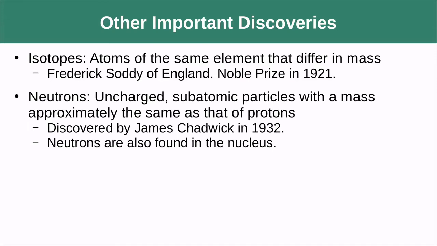These are uncharged subatomic particles with a mass that is approximately the same as protons. So in order to get these slightly different masses, we have to have some other kind of particle that has significant mass that is different between the two atoms, but is not charged. It's not participating in creating charges.